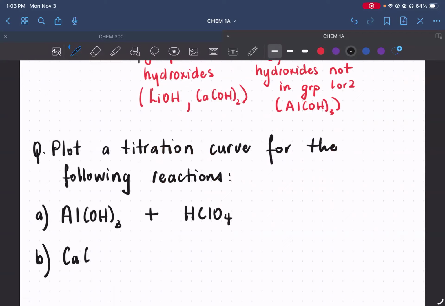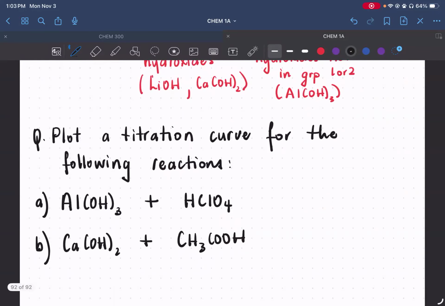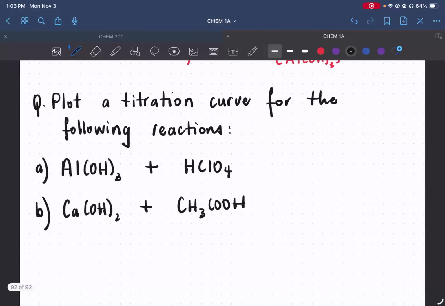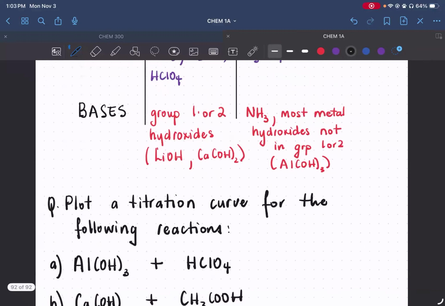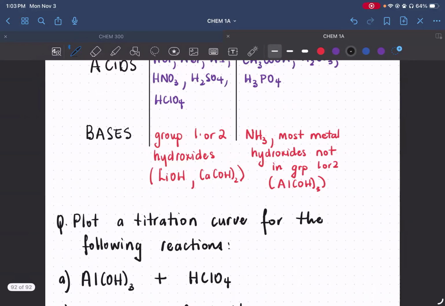Second is calcium hydroxide and CH3COOH. So let's do the first one together, and then you will attempt the second one on your own.